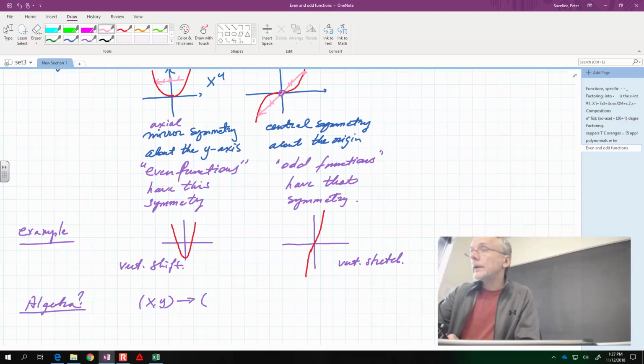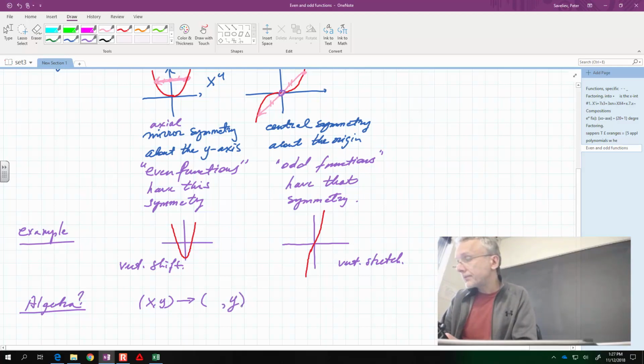It's right here. This is my flip. It goes across horizontally. So it's a horizontal flip, which means what happens to y? Nothing happens to y. And what happens to x? It flips the sign. So (negative x, y). Okay, so that's the transformation.